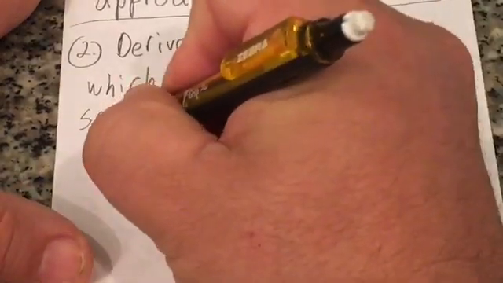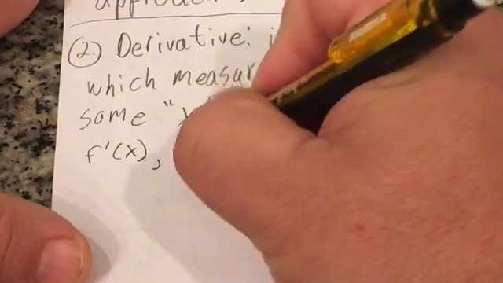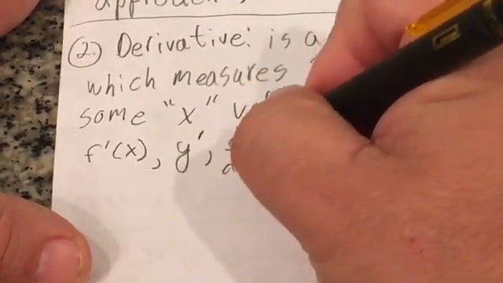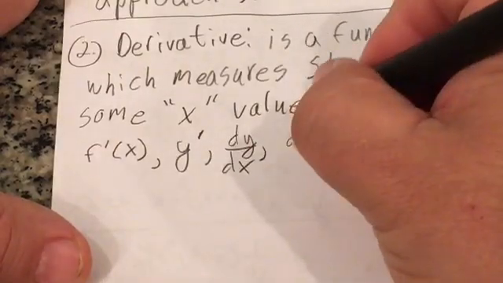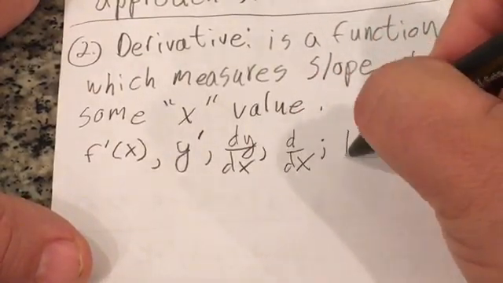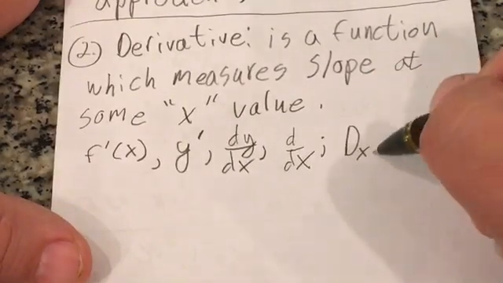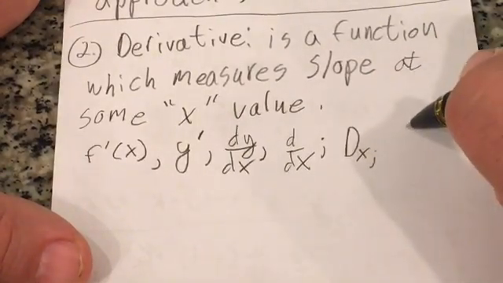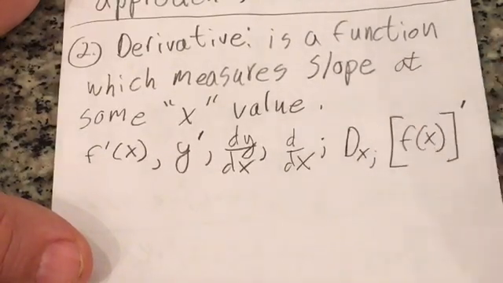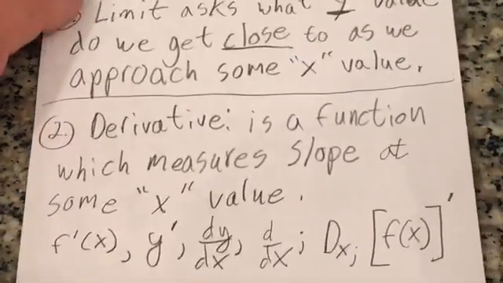You can say f prime of x. You can say y prime. You can say dy dx. You can just say d dx. Another way is capital D, little x. Sometimes whatever the function is, they'll wrap it and then put the prime after it. There's all kinds of different ways to let people know you're taking the derivative.